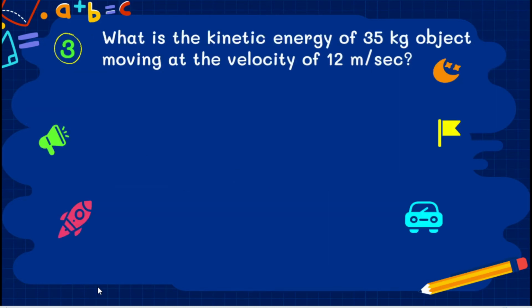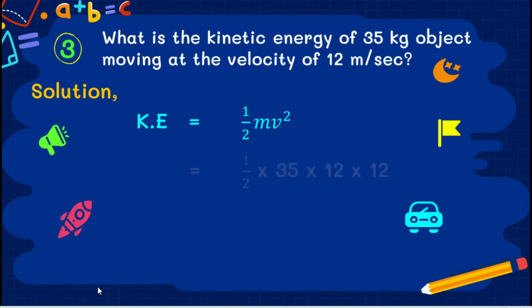So next, third question. What is the kinetic energy of 35 kg object moving at the velocity of 12 meter per second? So here what they are asking, kinetic energy. So same like that we have to write the formula. Solution: kinetic energy is equal to 1 by 2 mv square. So we have to apply these values in the formula.